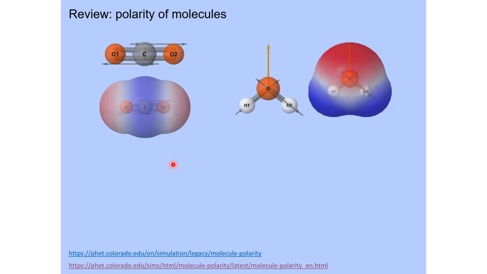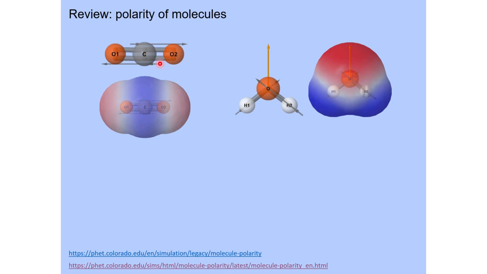So let's just talk about the polarity of molecules briefly. If we have the dipoles canceling, even if the bond itself is polar, you can see from this electrostatic potential map here that there's no distinct pole of positive and negative. There's two negative regions and a positive region. So this does not have a distinct pole.